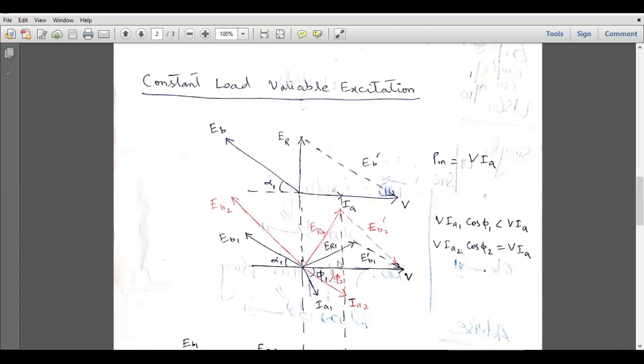So it will reorient all of its vectors, and the new vectors will become IA2, phi 2, ER2, and EB2, and V times IA2 cos phi 2 in this case will be exactly equal to V times IA, since the horizontal component of this armature current vector is equal to IA2 times cos phi 2, and its length is starting from here up to here. And this is exactly equal to IA in this figure. So this is the new mechanical power, and it is exactly equal to V times IA.